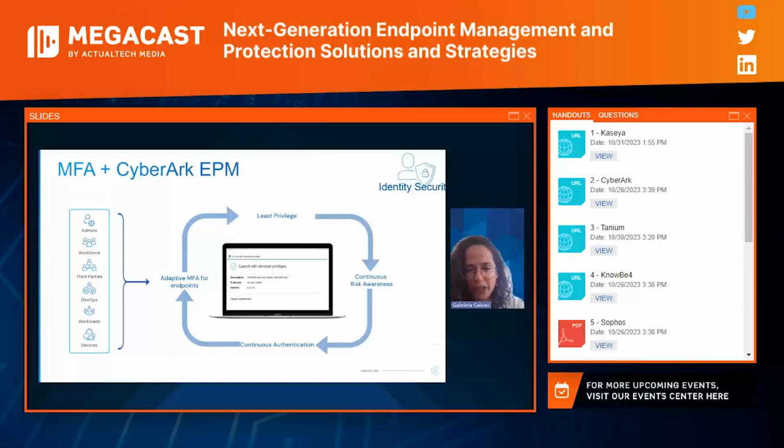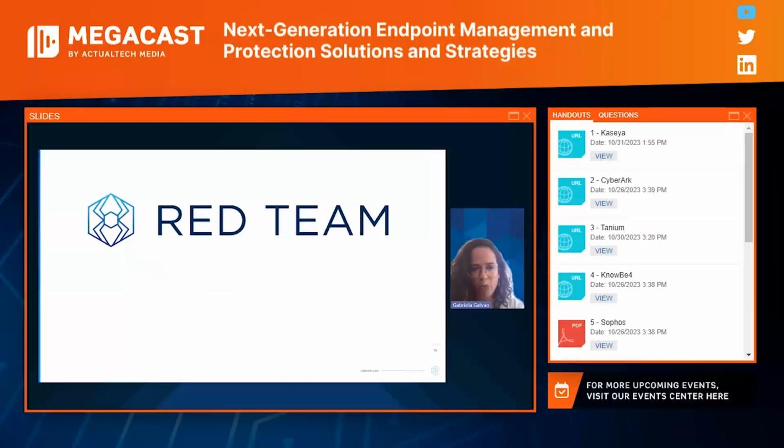And another thing that I want to talk to you about is an example that has been recently shared with me by our red team. I'll explain a little bit what our red team does, and then I'll talk about the example. Our red team is a unique group within CyberArk that provides an adversary simulation service to customers and prospects. And the team has three main goals.